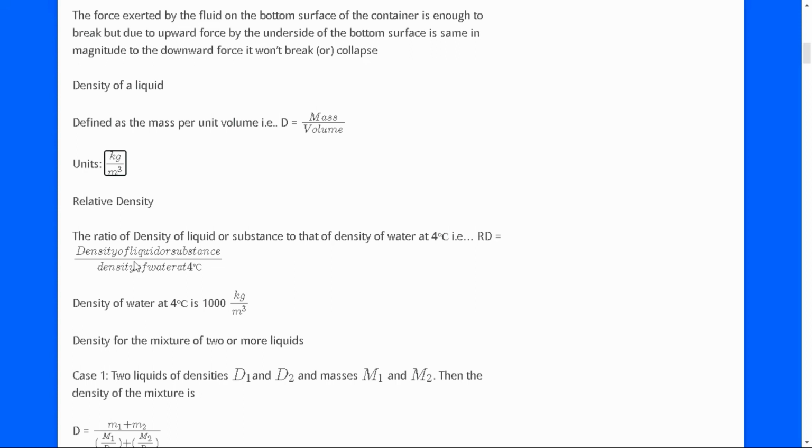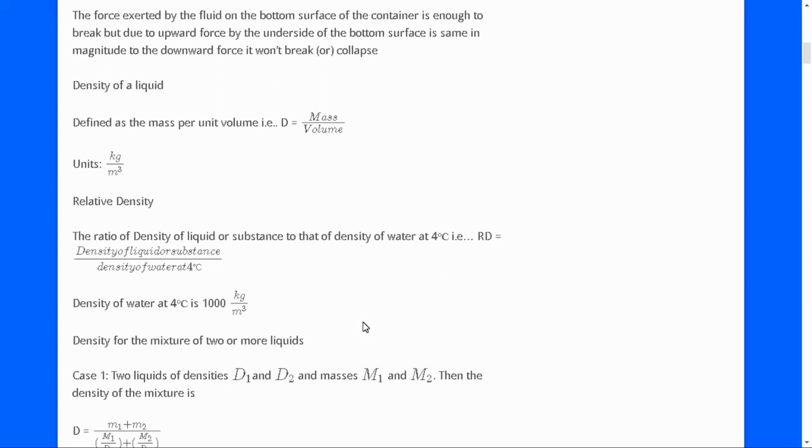We compare with the density of water at 4 degrees Celsius, so relative density is the density of the liquid or solid upon the density of water at 4 degrees Celsius. The density of water at 4 degrees Celsius is 1000 kg per meter cube.